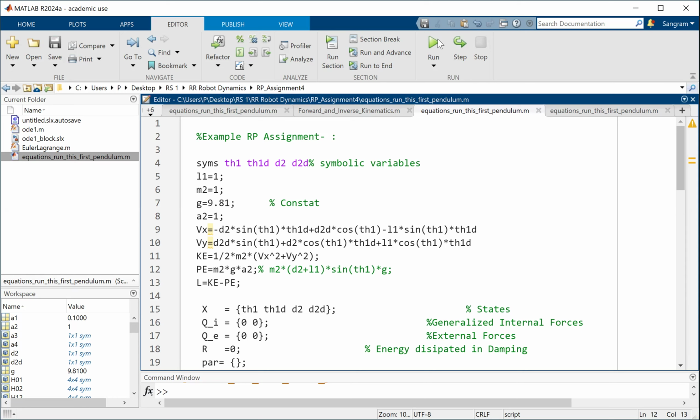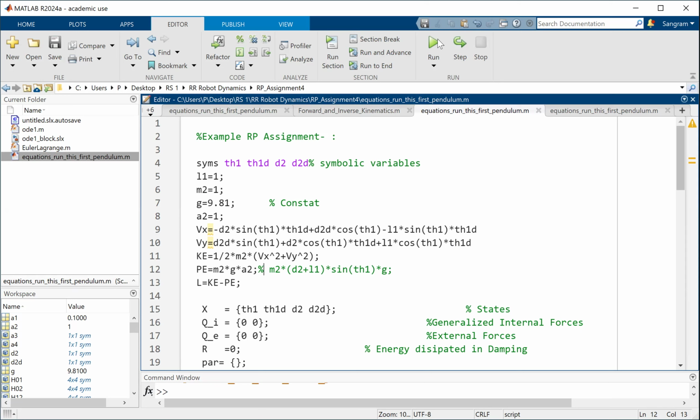So this mass is only going to be in the horizontal plane. So this distance is going to be A2. So you have M2 times G times A2. That would be the potential energy. Lagrangian is the kinetic energy minus potential energy.